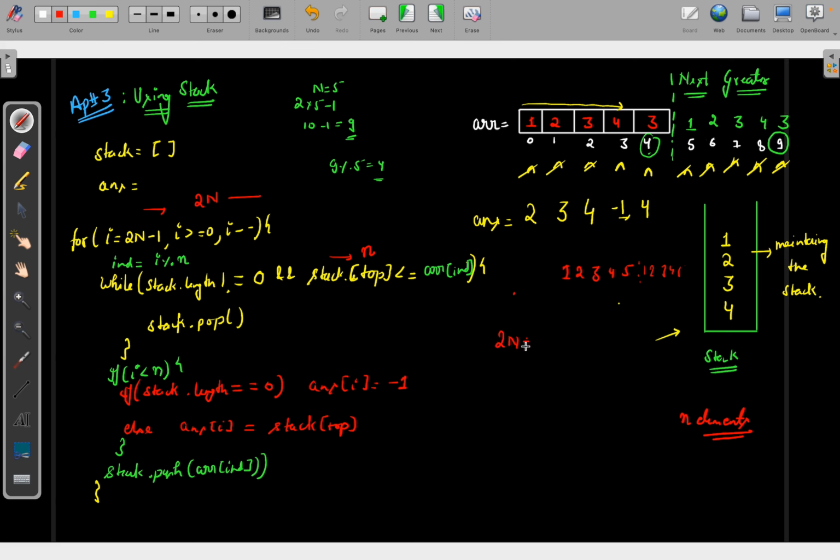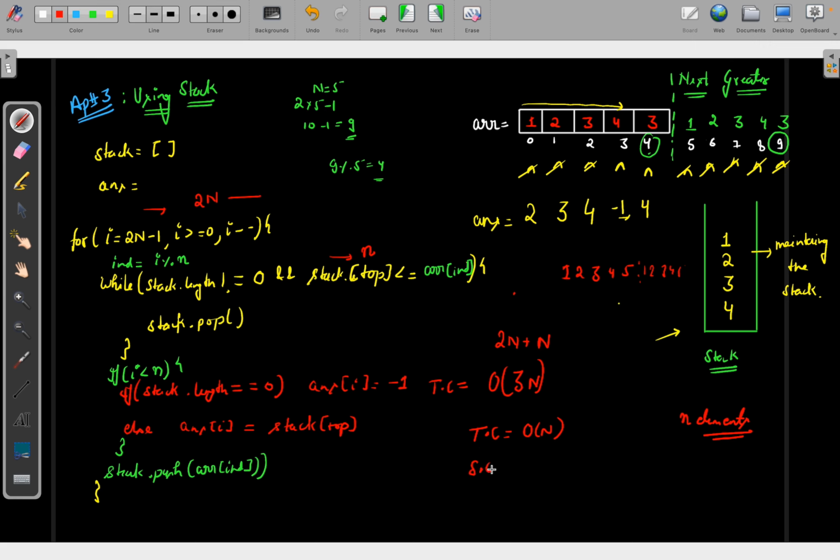There will be 2n iterations plus n iterations in the worst case, so around 3n. So the time complexity will be big O of 3n, and 3 is totally fine because that's a constant. So the time complexity will again be big O of n only. You can ignore the constant.